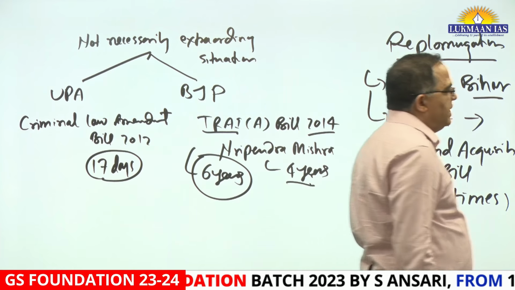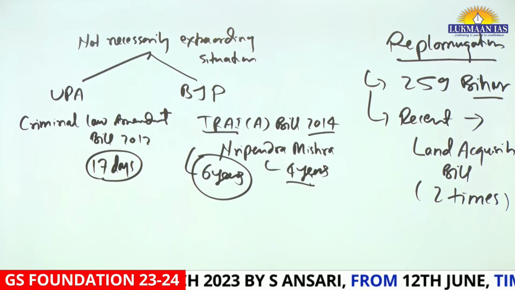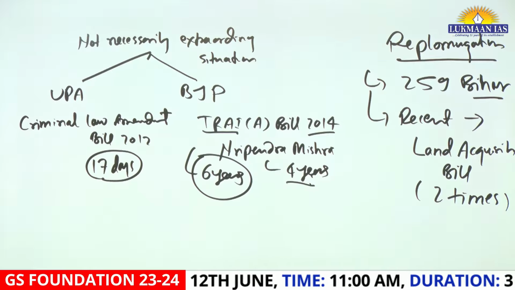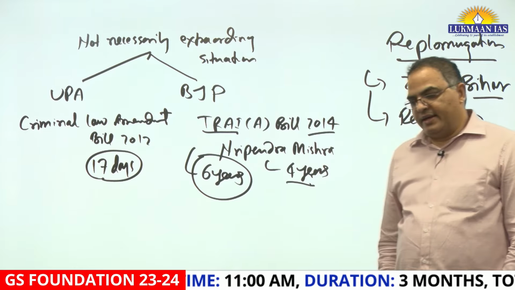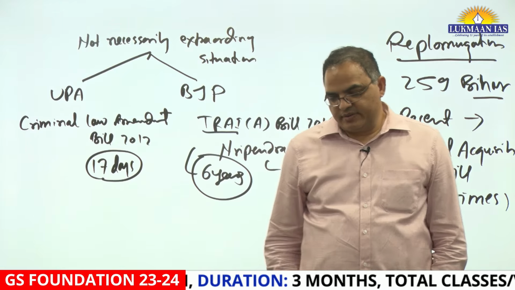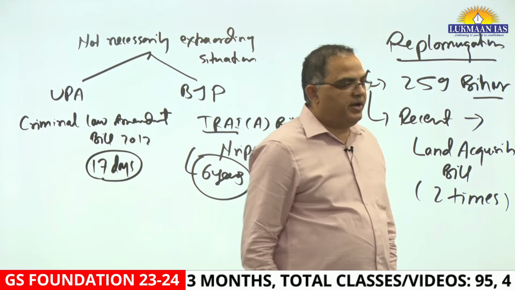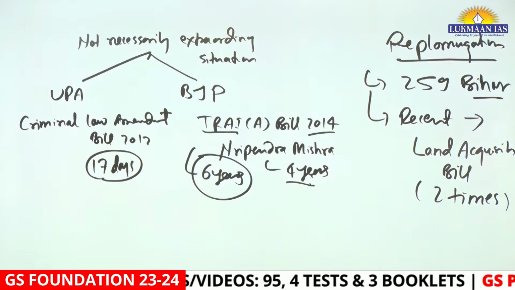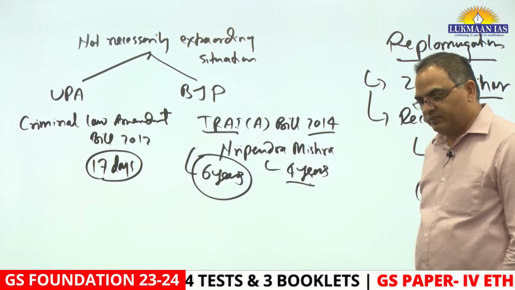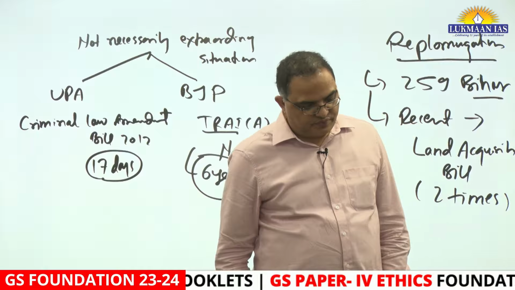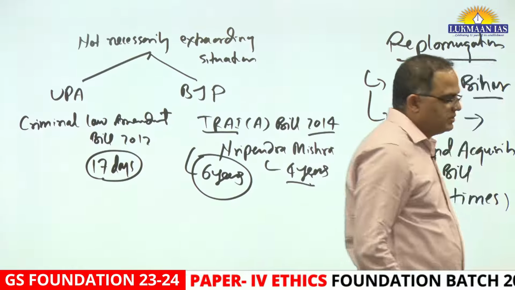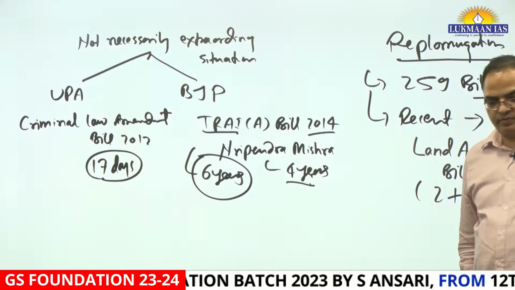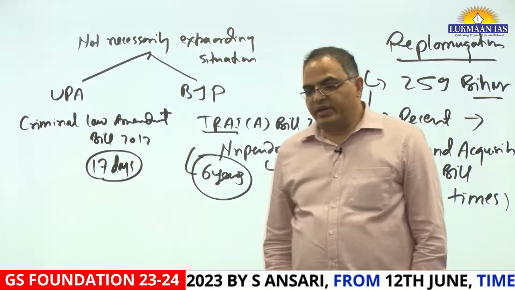Although between 1975 to 1977, a record number of ordinances were issued during Indira Gandhi's time.